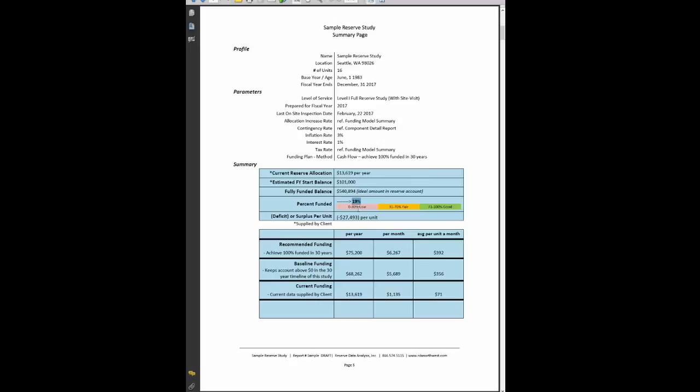on this percent funded scale, with a 0 to 30% being a low percent funded. So those communities or organizations will have a high risk of running into a deficit in their reserve account and have to rely on things like loans or special assessments or some kind of other method of raising funds. 31 to 70% is a fair funded level.